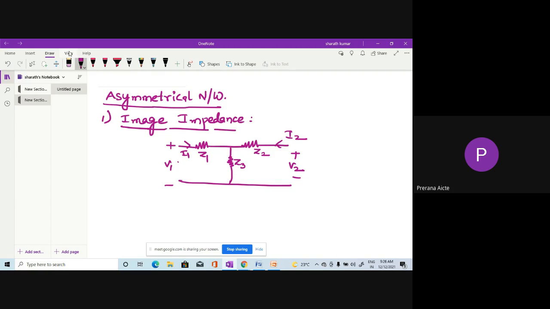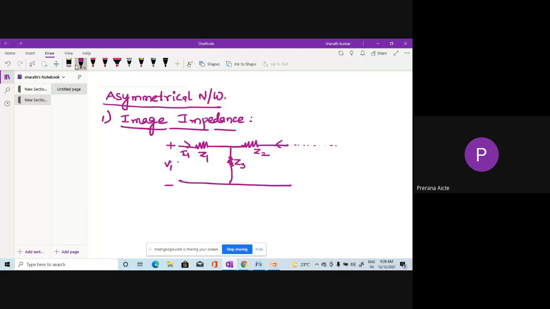Now, if I consider a load at port 2, try to understand this point.